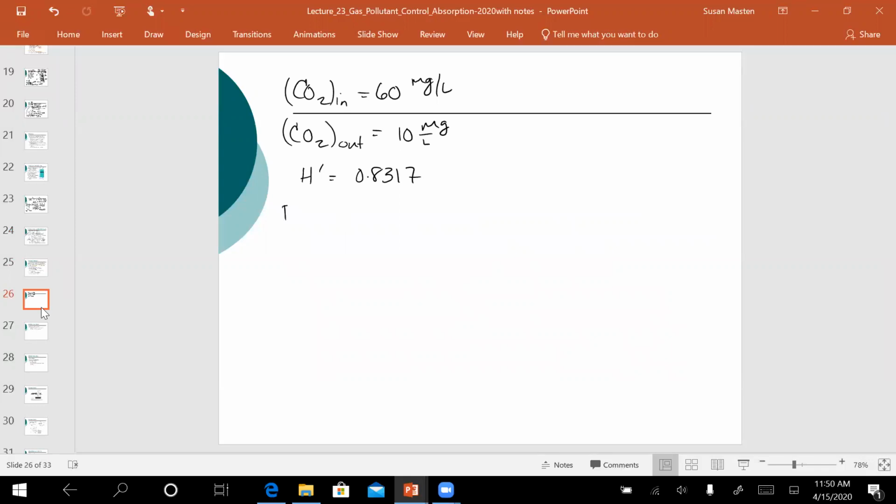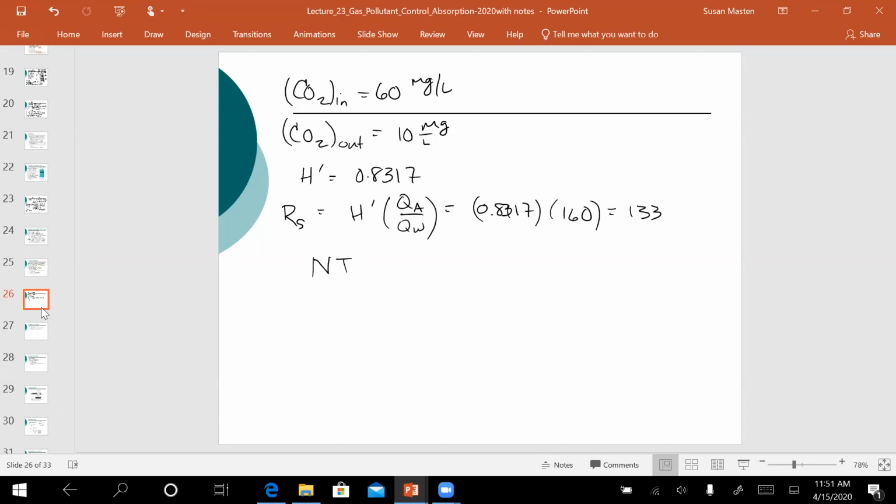And so we can determine the stripping factor, and that is H prime times QA over QW. And we're told that that ratio is 160. So that is 0.8317 times 160, which is 133. Okay, so that ratio was specified in the problem statement.